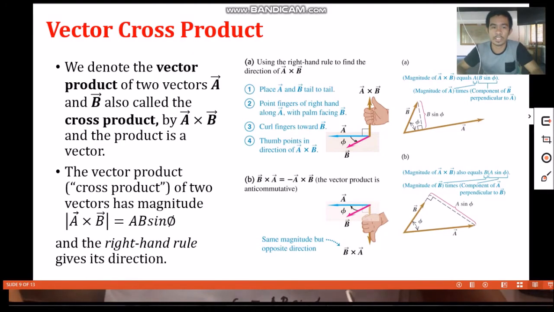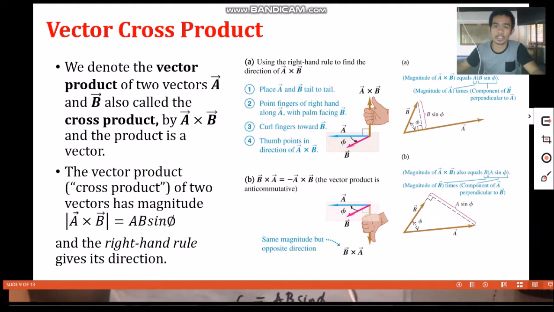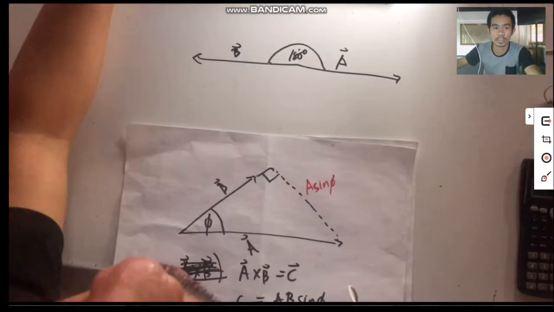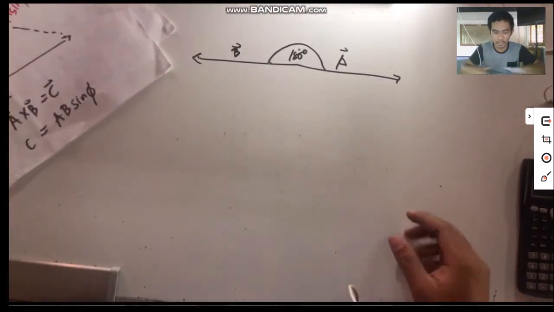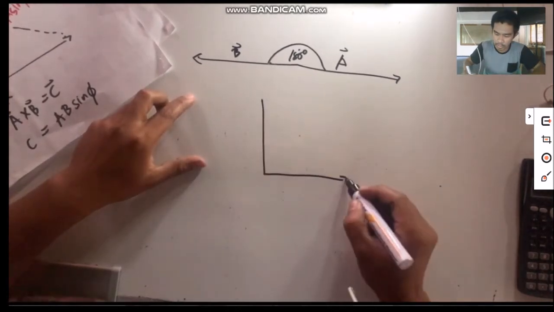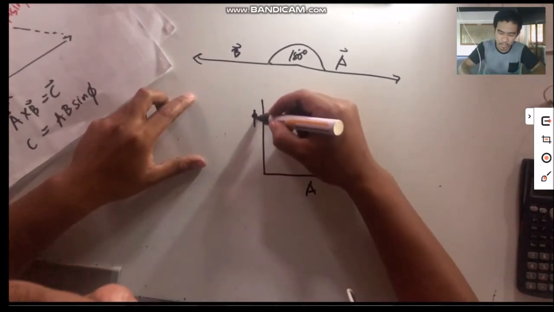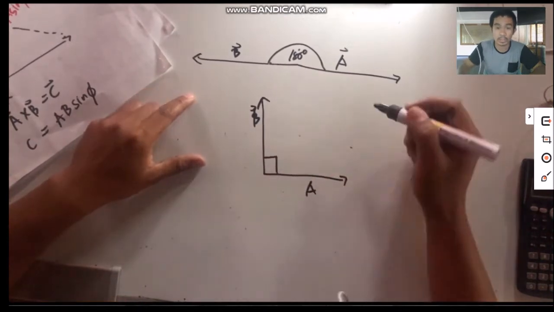Now how about the vector cross product of two perpendicular vectors? Suppose we have two vectors, vector A and vector B, that are perpendicular to each other.